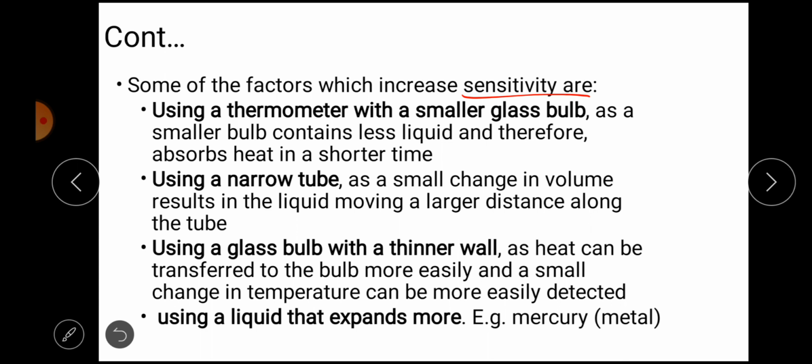Another way to increase the sensitivity is using a narrow tube, as a small change in volume results in the liquid moving a larger distance along the tube.